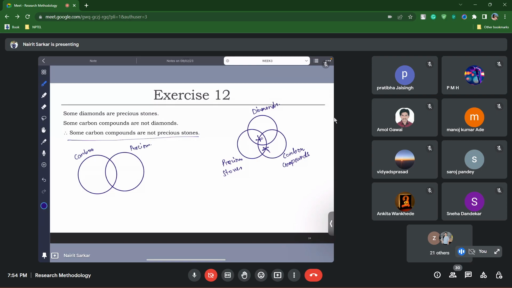According to this, some carbon compounds are not precious stones. Is it valid or not? Anyone? Valid or not? They're invalid. Why?